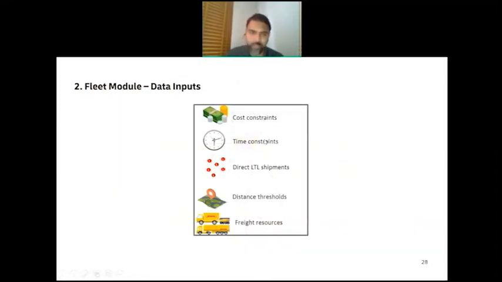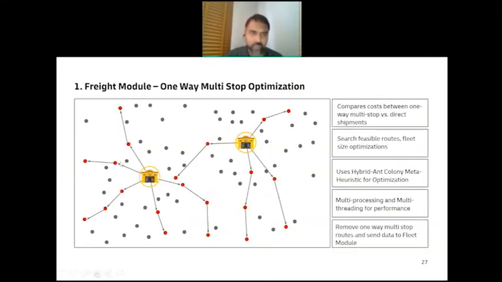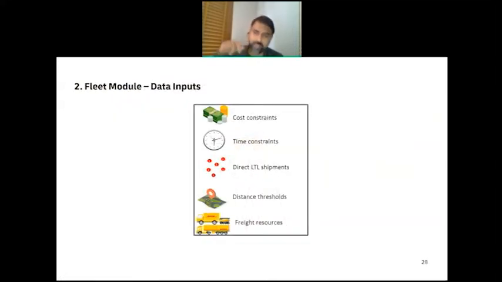Then what you do after this is you take out the deliveries that you found, and you move on to the next solution, which is for the remaining deliveries. Can I figure out routes which are closed loop, meaning they'll start at the warehouse but come back to the warehouse, and this gives me a closed loop route which I can put on my own fleet. And the constraints here are the same as what we had before.